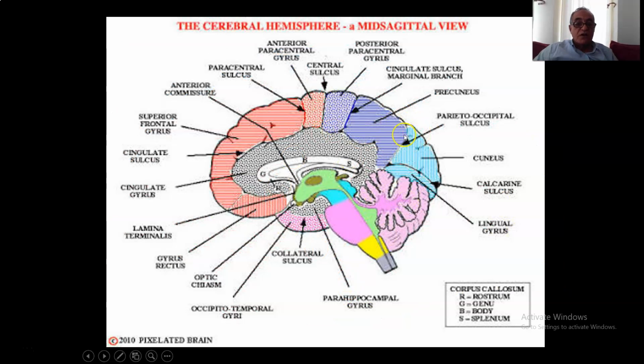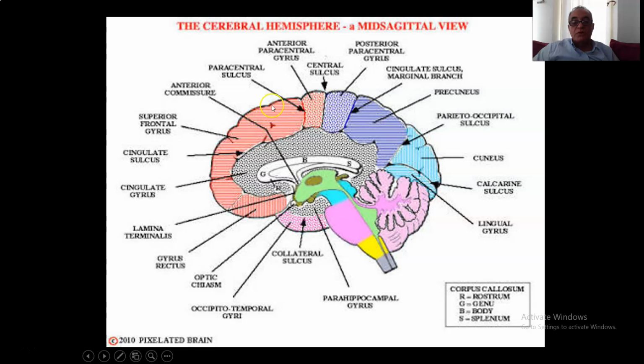This is the medial surface of the cerebral hemisphere, showing that the parietal lobe is separated from the occipital lobe by the parieto-occipital sulcus, and we have the calcarine sulcus, and the area included between the two is called the cuneus, and then from the cuneus we have the precuneus, and after the precuneus we have the paracentral lobule, which is divided by the central sulcus into anterior part, anterior paracentral gyrus, carrying the motor area of the lower limb, and posterior paracentral gyrus, carrying the sensory area of the lower limb.